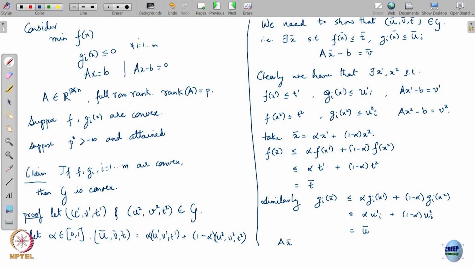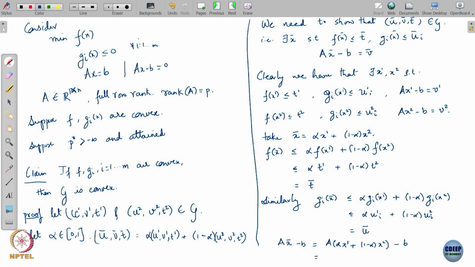And A x bar minus b is actually equal to A times alpha x1 plus 1 minus alpha x2, minus b.